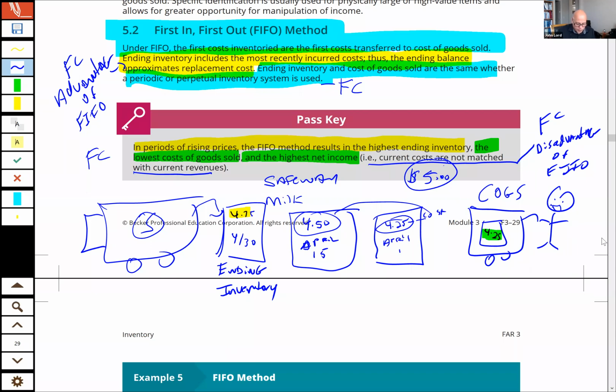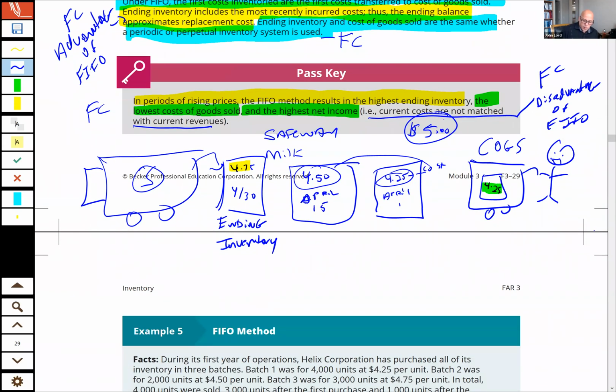Okay, what's going on here? Well, if we have $5 as our sales price, and we're calling out a cost of goods sold of $4.25 if we're using FIFO, now our gross profit is what? 75 cents. If we were somehow compelled to report the true cost of this inventory now at 4.75, we would have a gross profit of what?